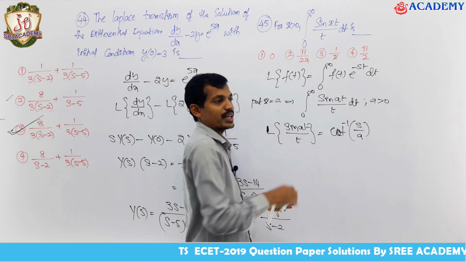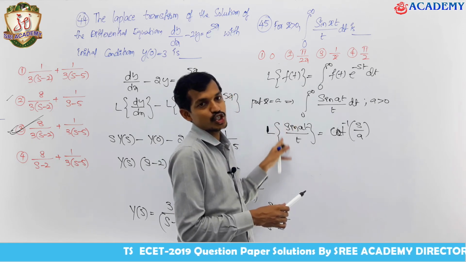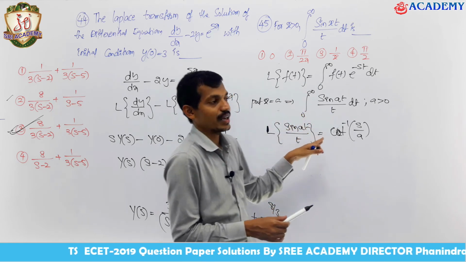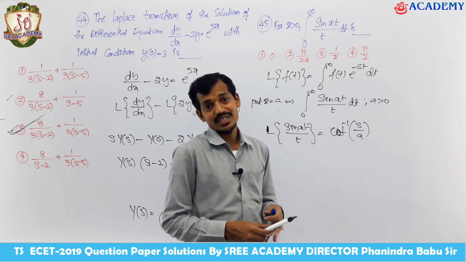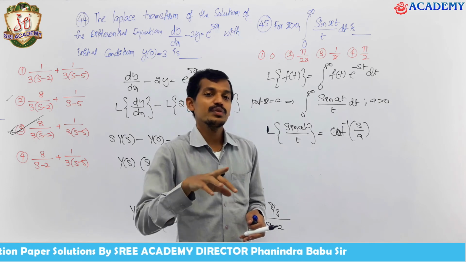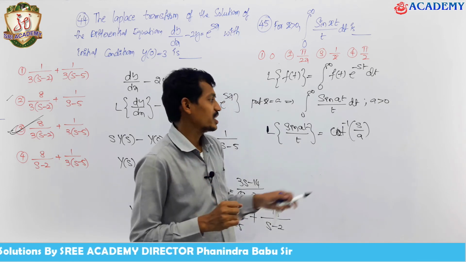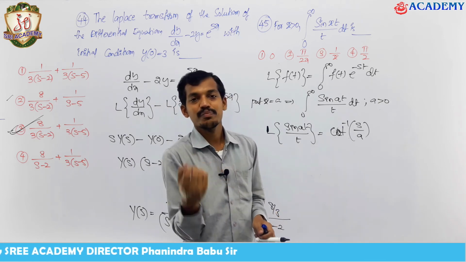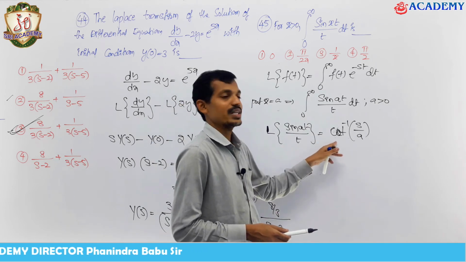Indirectly, s square plus a square, when integration is applied from s to infinity, we get tan inverse of s by a. Simply if you substitute pi by 2 minus tan inverse of s by a, you will get pi minus tan inverse x, which is nothing but cot inverse x.